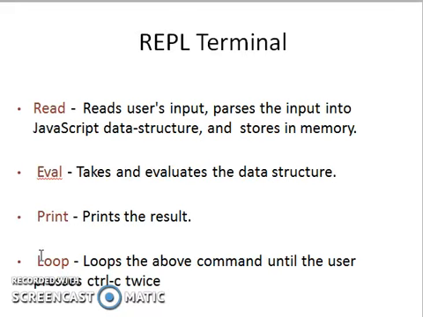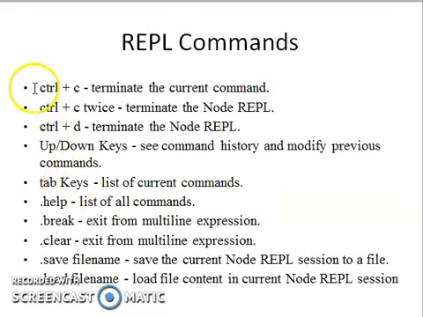Some of the REPL commands are: Ctrl+C to terminate the current command. Pressing Ctrl+C twice terminates the Node REPL terminal. Ctrl+D also terminates the Node REPL. The up and down keys are used for modifying your previous commands.